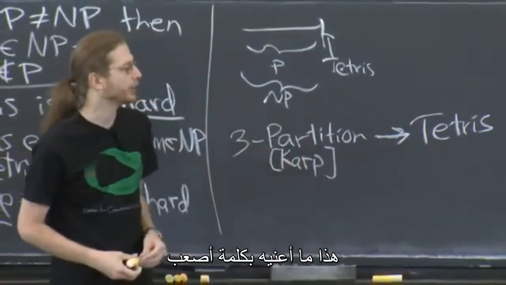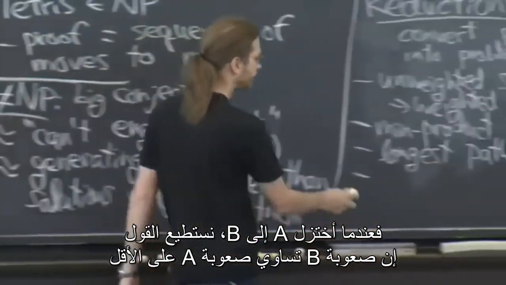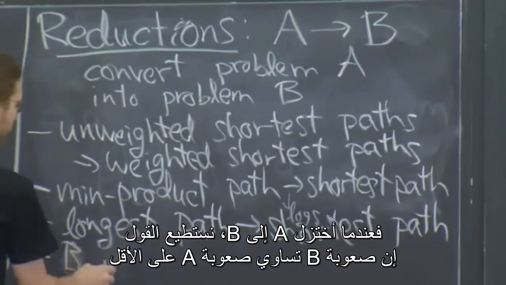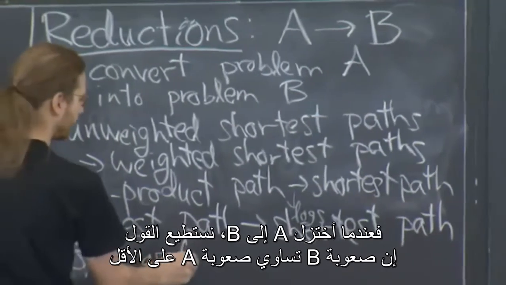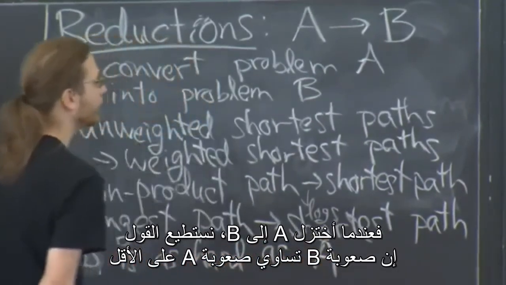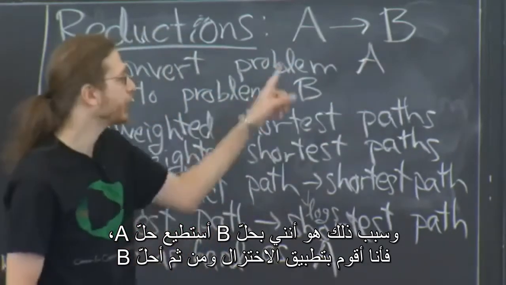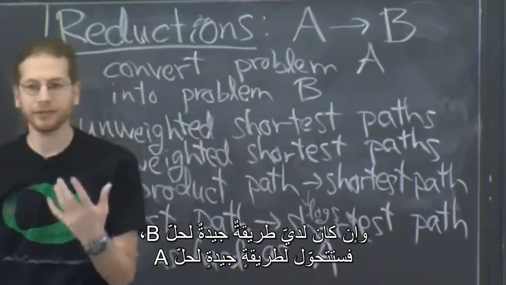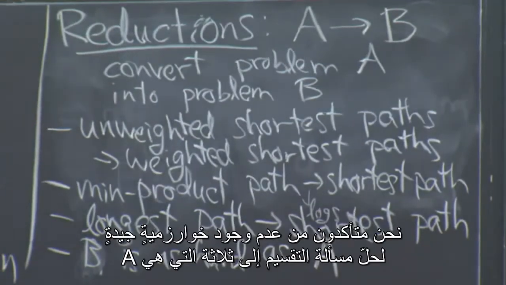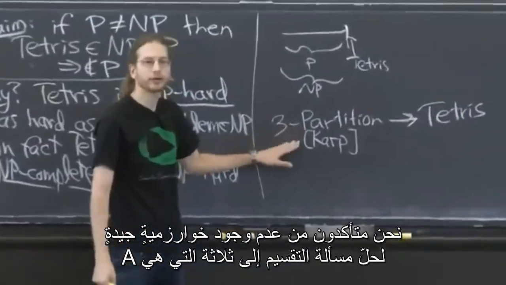This is what I mean by harder. When I can reduce A to B, we say that B is at least as hard as A. Why is that? Because I can solve A by solving B. I just apply this reduction and then solve B. So if I had some good way to solve B, it would turn into a good way to solve A. Now, 3 partition, which is A here, we're pretty sure there's no good algorithm for solving this.